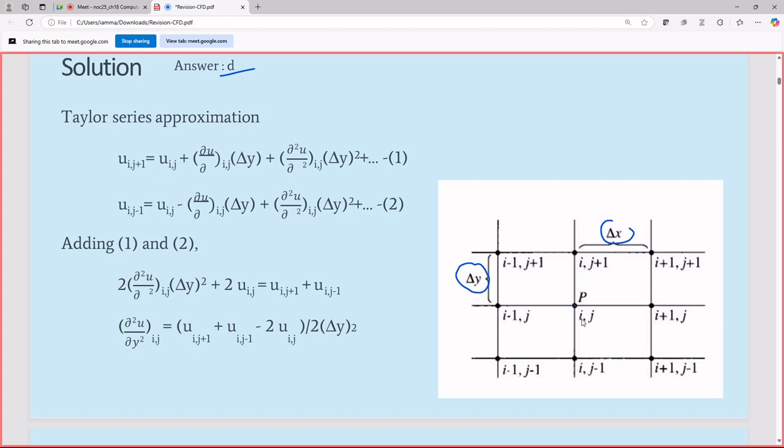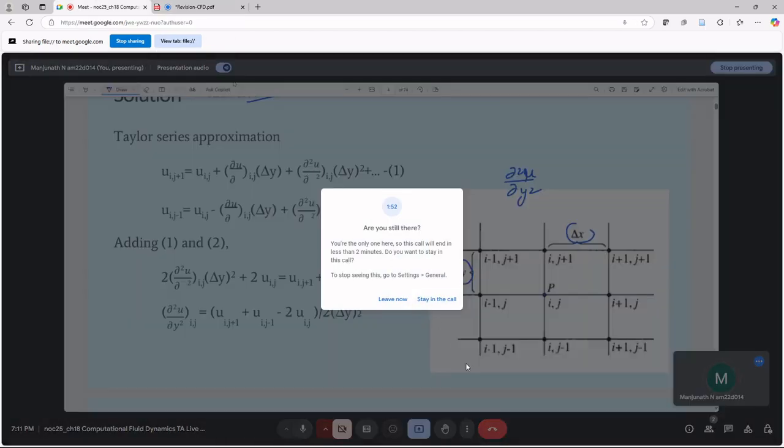The question is asking how to discretize ∂²u/∂y² at this point.